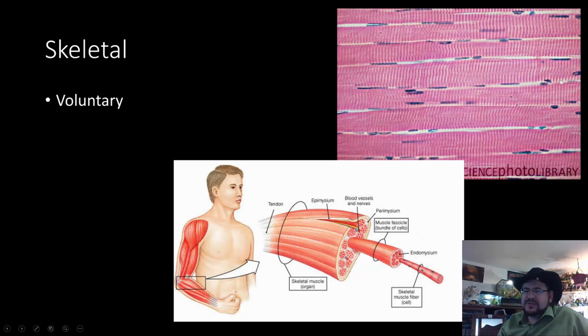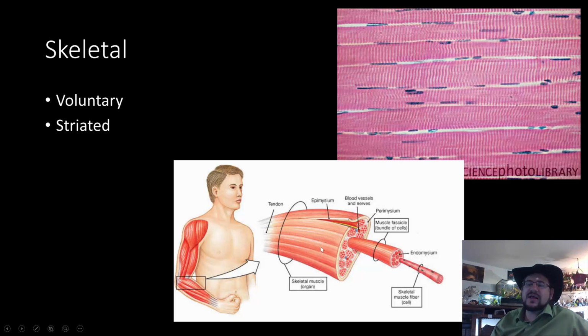These stripes are what allow the muscle cells to contract so much. So between every stripe, we can pull it and shorten it. And so you have all those stripes, which means we can shorten it a lot. So all those bands, those stripes, are called striations. Muscle tissue is striated. That's a big visual indicator that you are looking at skeletal muscle tissue.